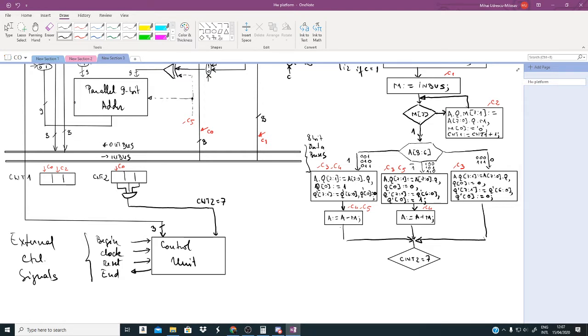Okay, good. Now, we are either on this branch, which means 1, so it is 7, or it is 0.